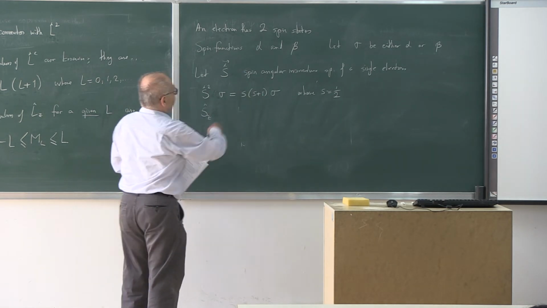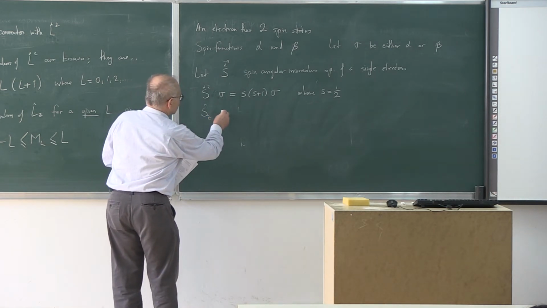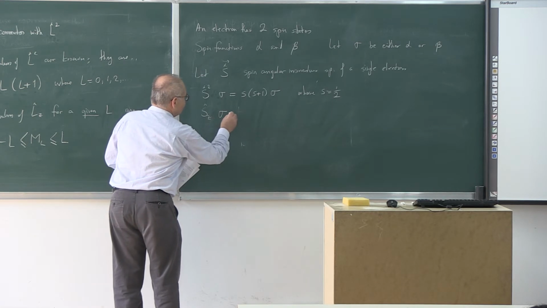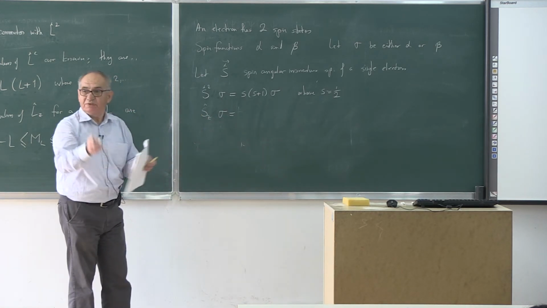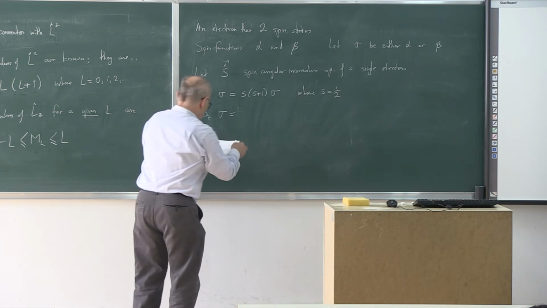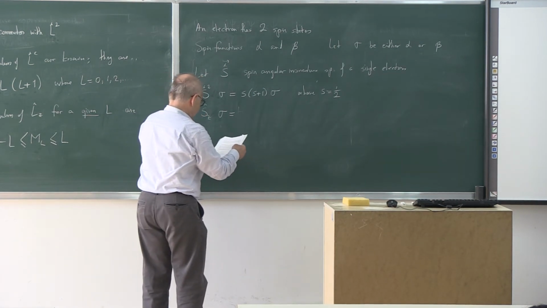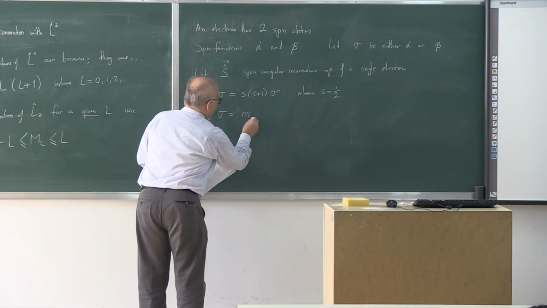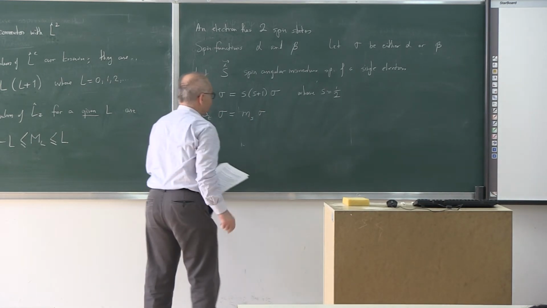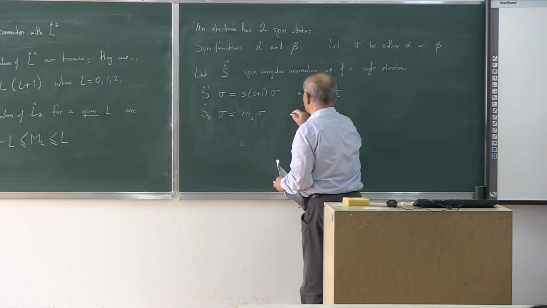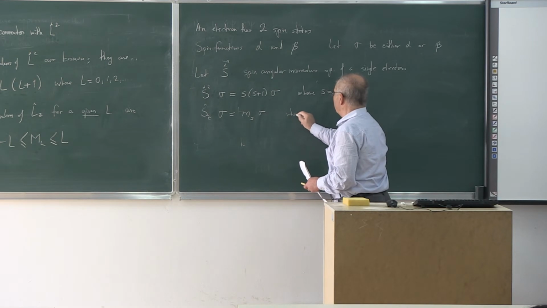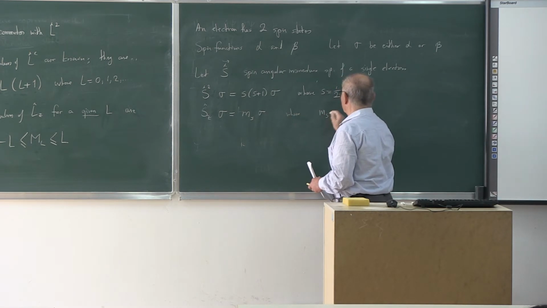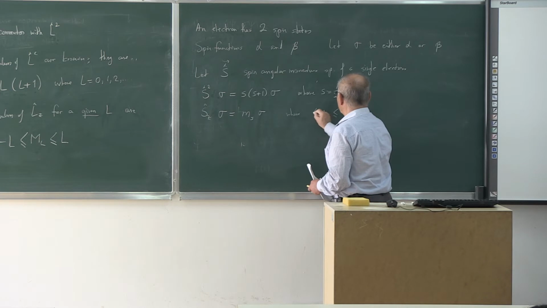The same functions are also eigenfunctions of S z because they commute. They satisfy S z sigma equals m sub s times sigma, where m sub s is between s and minus s.